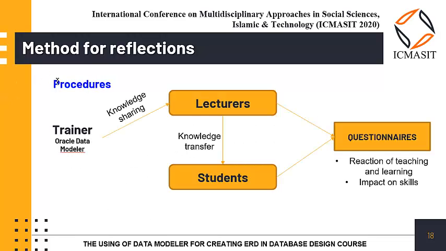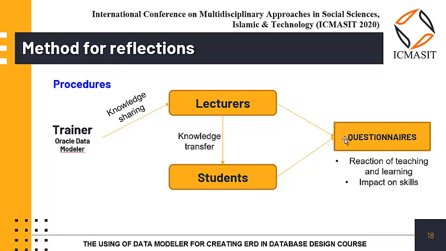Okay, these are the procedures for the method for reflections that I have done. As a trainer, I will expose the use of Oracle Data Modeler through a short course, which I name a knowledge sharing course, to the lecturers. Then the lecturers will do some knowledge transfer to the respective students.